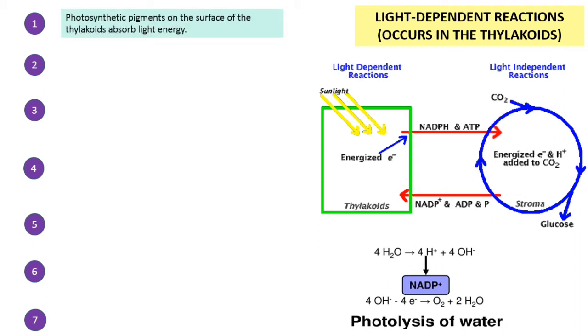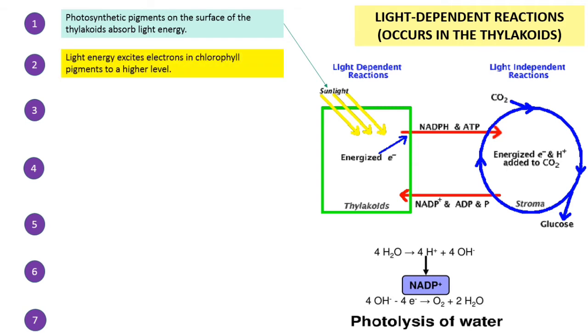First of all, photosynthetic pigment on the surface of the thylakoid absorbs light energy. So the sunlight is absorbed by the thylakoid. When the light energy is absorbed, it will excite electron in chlorophyll pigment to a higher level.